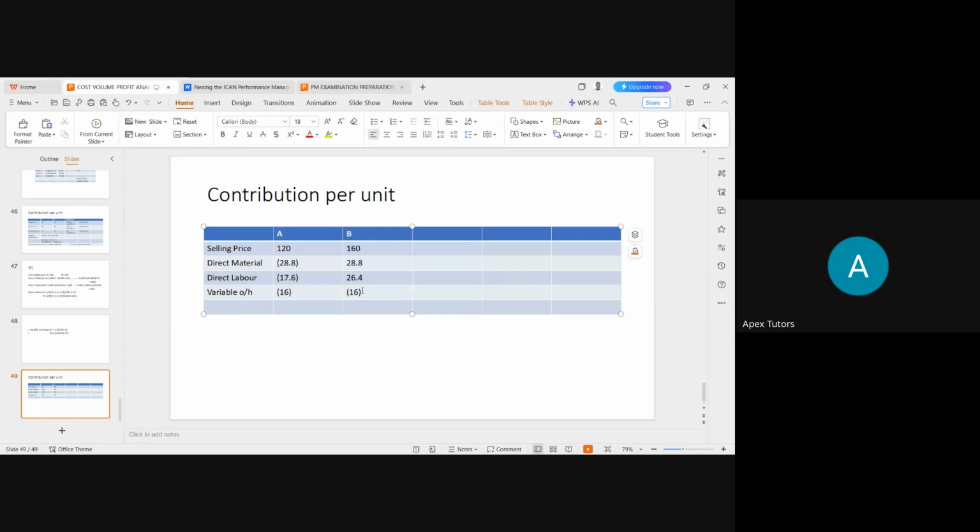The result will be 57.6. For B, it will be what? It is 88.8.